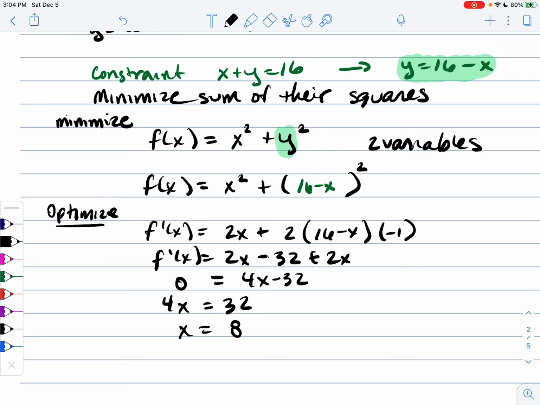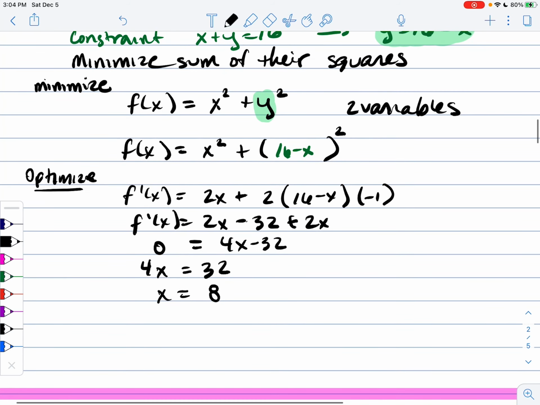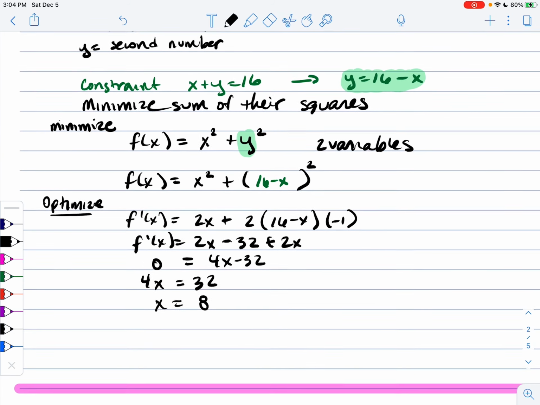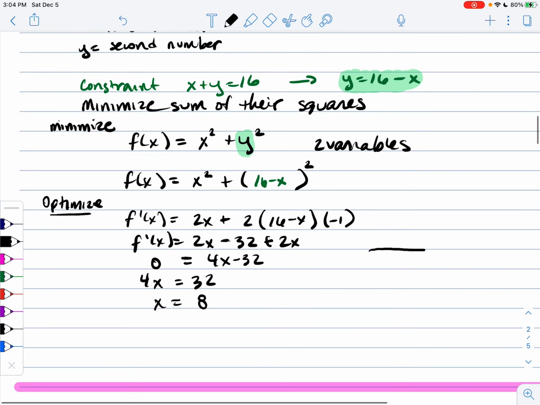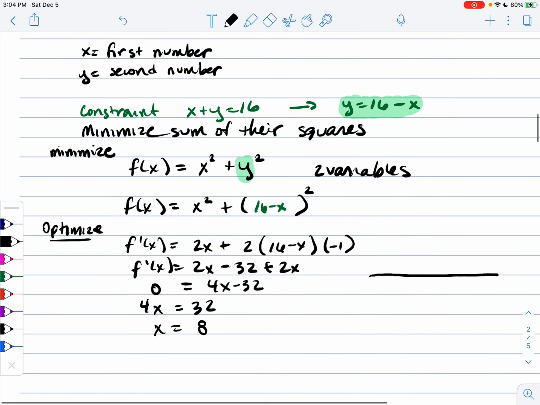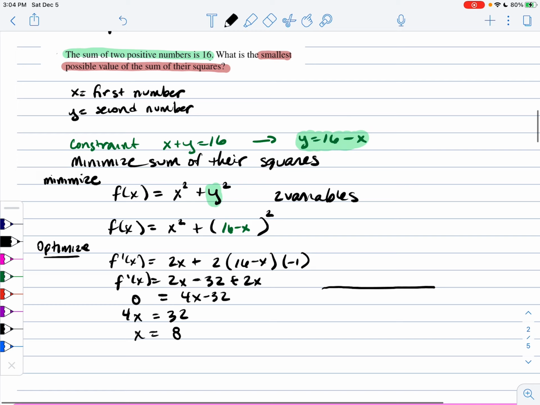Good. And I can check with my first derivative test, right? I can see that if the sum of my positive numbers is 16, then my range of possible values is 0 to 16 for x and y.